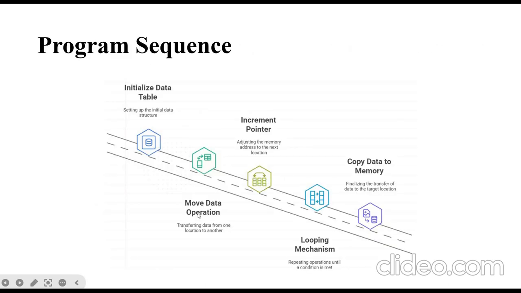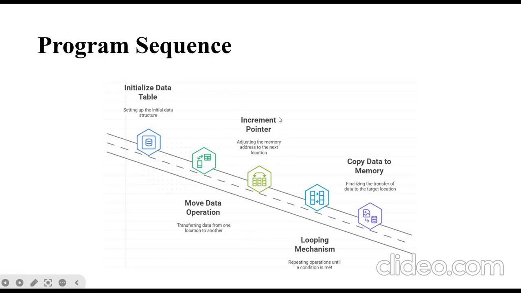Now this is the program sequence. First we'll initialize the data table, which will set up the initial data structure. Then it will copy its contents to a specified memory location, that is, we'll use the move data operation and transfer the data from one location to another.